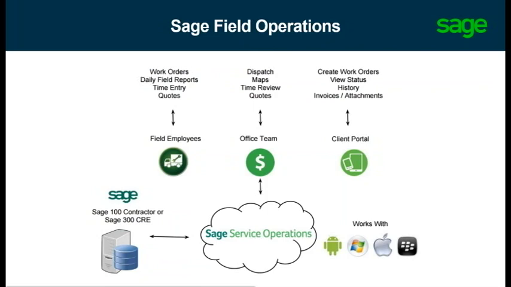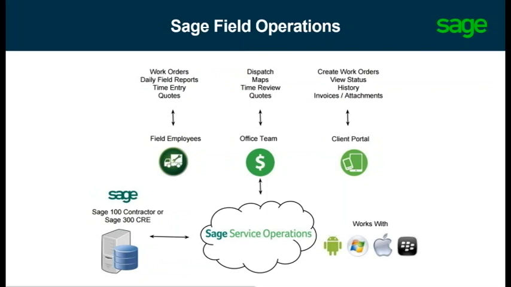Not only can your field employees take advantage of processing daily field reports, submitting time entries, or other types of project-related work, but now your office team is able to keep track of all of that employee-based information directly from a scheduler or back in the dispatch board, reviewing the field employees' time entered and overall increased visibility into that project that they may not have now.